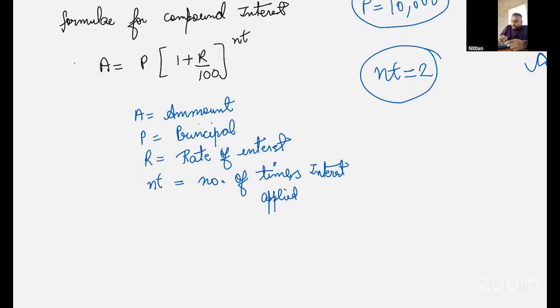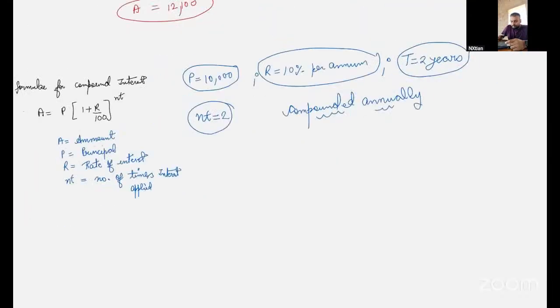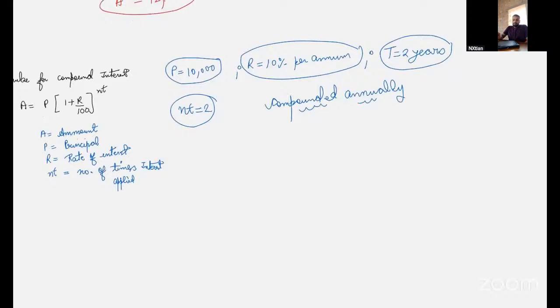Yes, Agatha, you're asking something. So, sir, compounded annually means 1 year, semi-annually means 3 months? No, no. Compounded annually is 1 year. Compounded semi-annually is 6 months. And compounded quarterly is after 3 months.